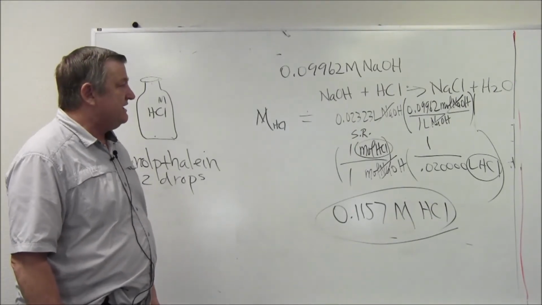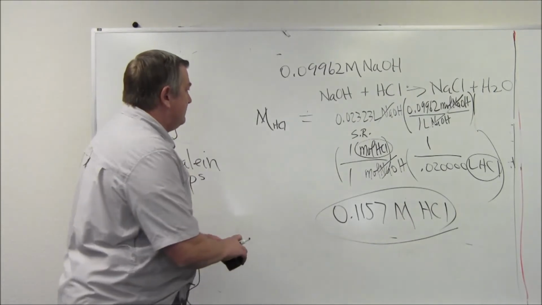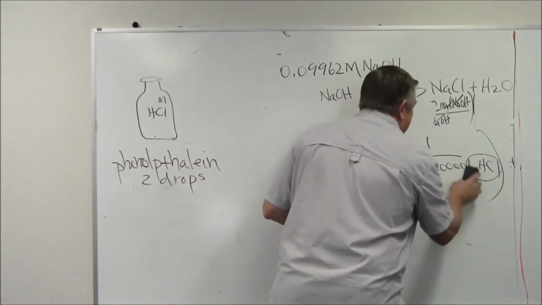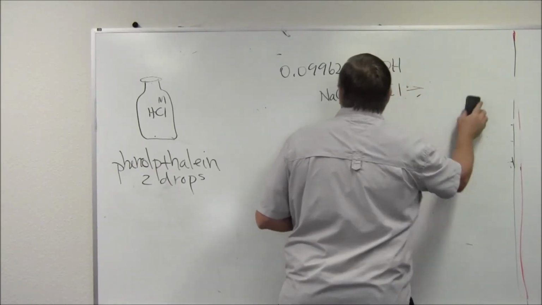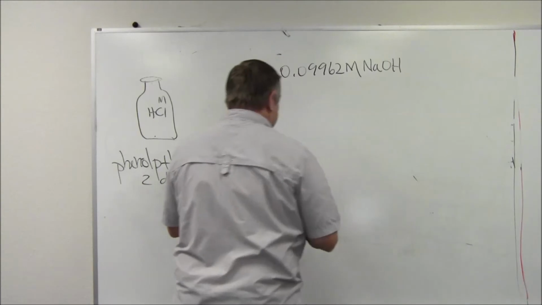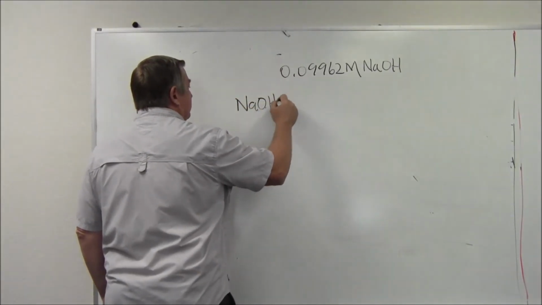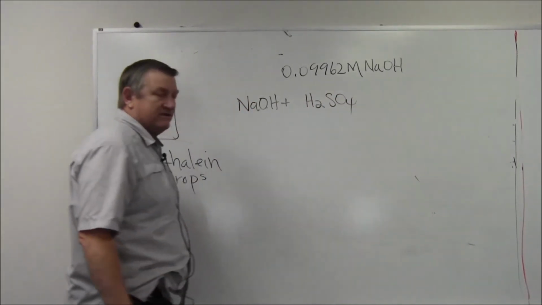So now let's do a titration where the acid's diprotic. Okay, let's do another titration problem. And now let's get an equation. Our known's going to be sodium hydroxide again, but we want to know the concentration of an unknown sulfuric acid solution.